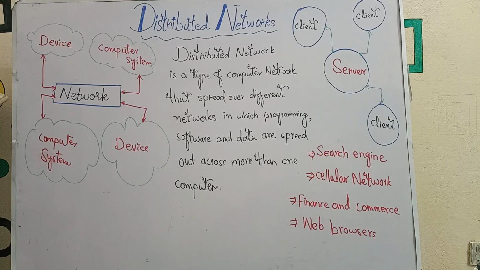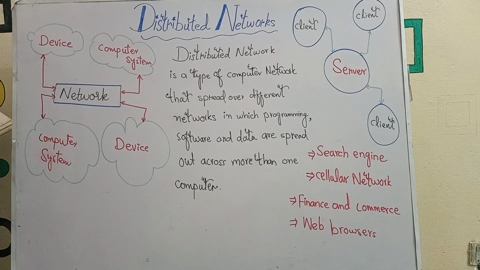Clients are the remote users, or you can say the consumers, who can access information from different networks. A client or consumer can send a request to the server, the producer of the resource, and the server provides the resource, the piece of information or data, to the client. In this way the network is known to be distributed.